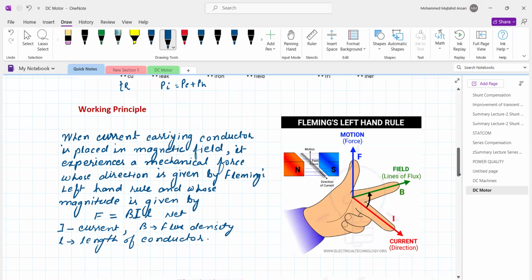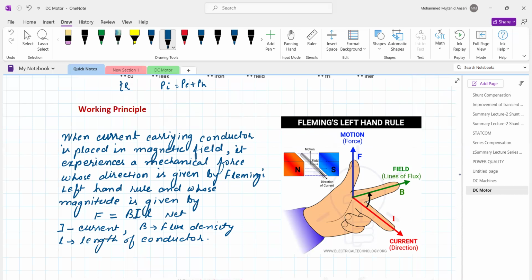So it's very simple. When a current carrying conductor is placed in the magnetic field, it experiences a mechanical force whose direction is given by Fleming left hand rule. So in this diagram, again we have taken permanent magnet, north pole and south pole.